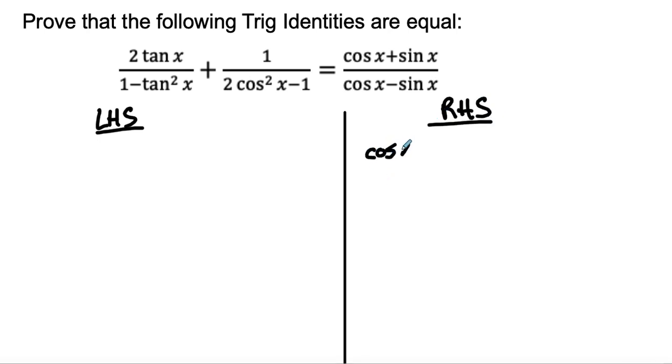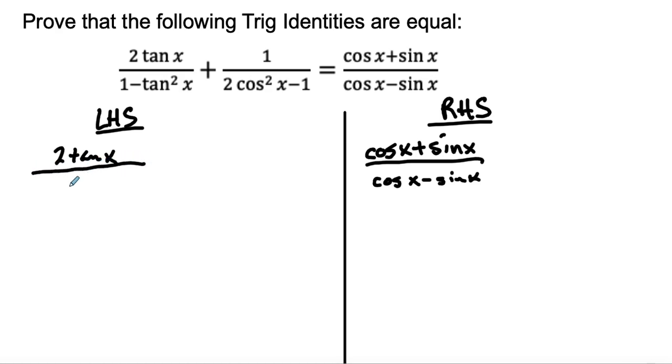On the right-hand side, we have cosine of x plus sine of x over cosine of x minus sine of x. And over here on the left-hand side, we have 2 tangent of x over 1 minus tangent squared x plus 1 over 2 cosine squared x minus 1.